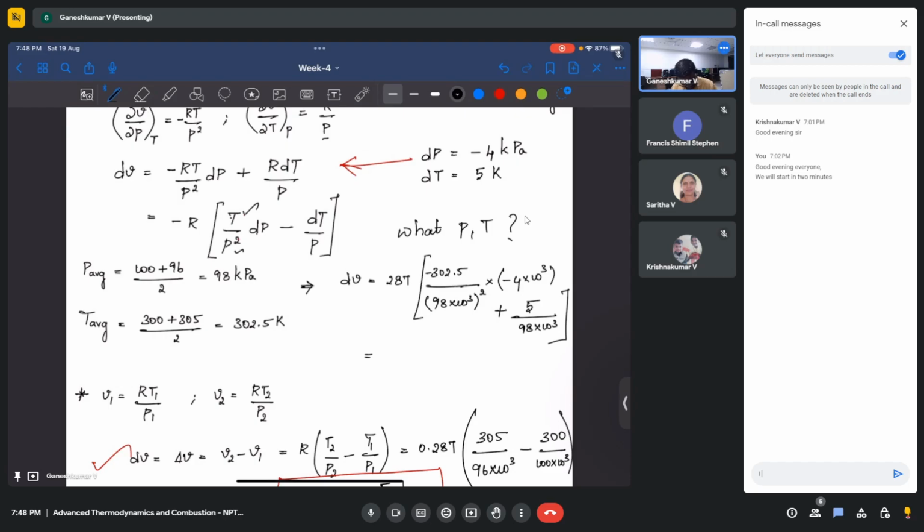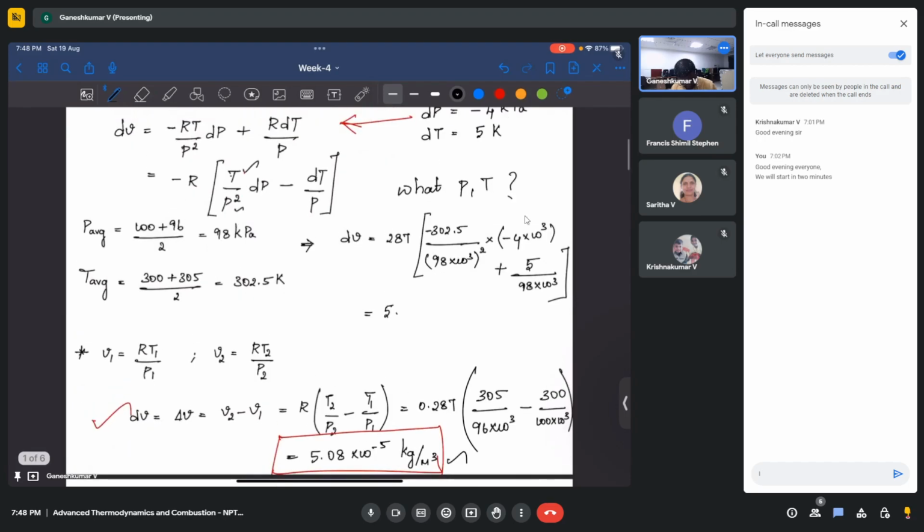Something like 0.0508 meter cube per kg.